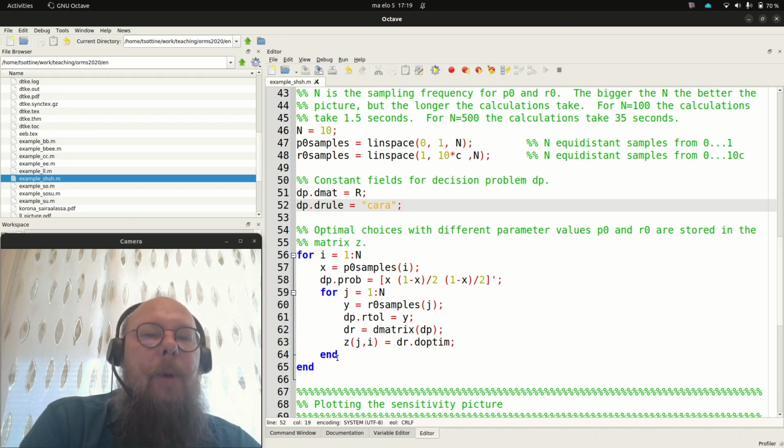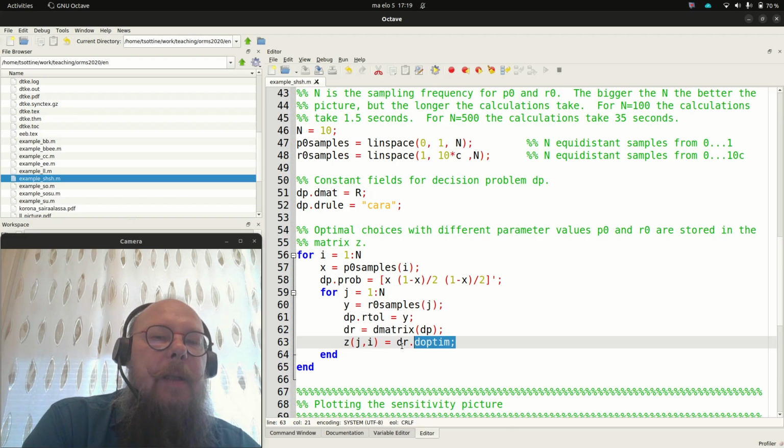So I have two inner for loops, and the running indices are i and j, and what I do there is set Z, which will be a matrix with row j and column i, to the decision result d-optim. So this will be a matrix where, for different i and j, these are the optimal values of the decision problem, or the d-optims, or decision result.